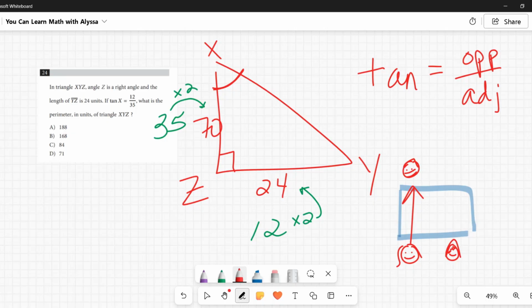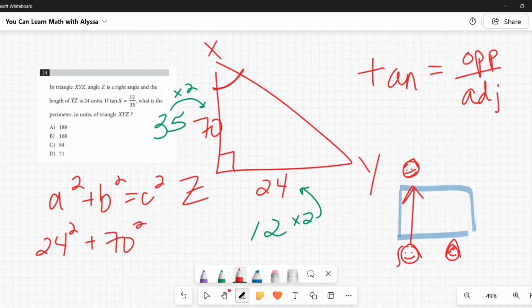Now we have the sides of a right triangle. We have two of the sides. We can use this with our a squared plus b squared equals c squared, Pythagorean theorem. So our two legs are 24 squared plus 70 squared equals c squared.